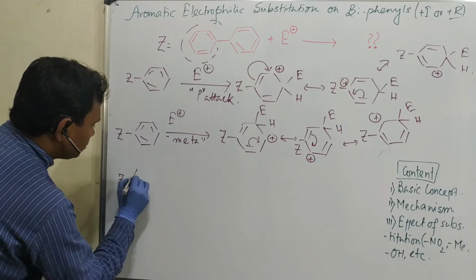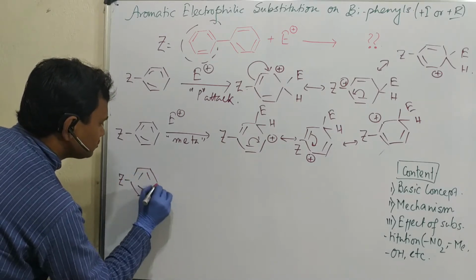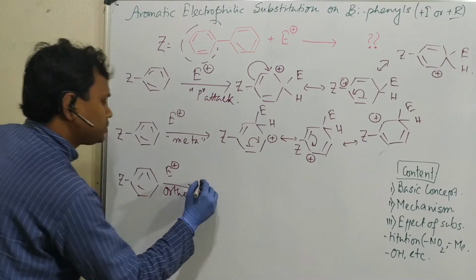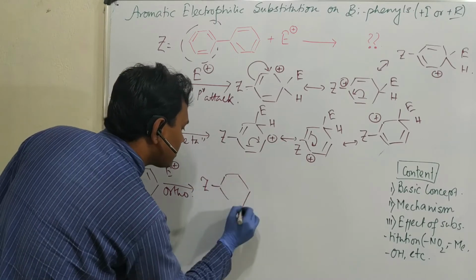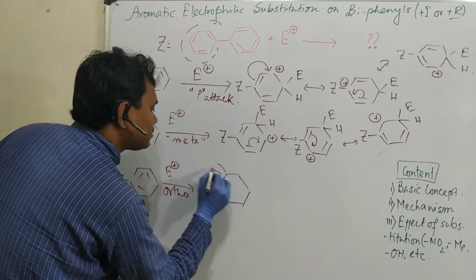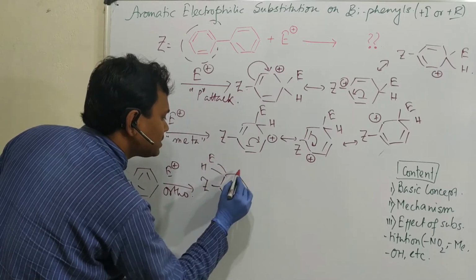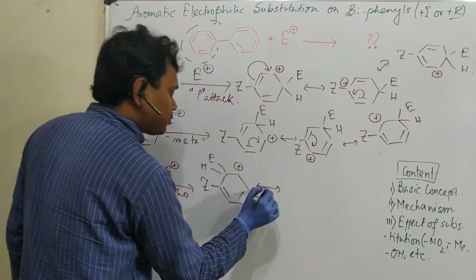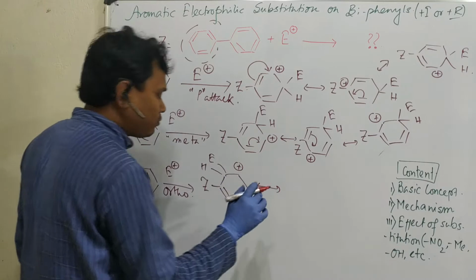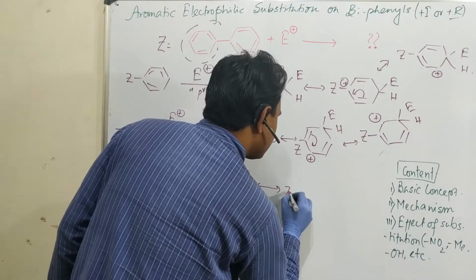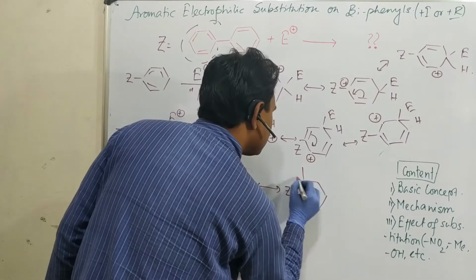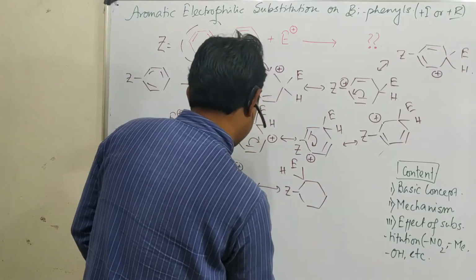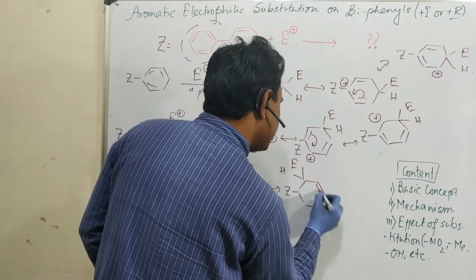E plus, ortho substitution. This is Z, this is H, this is E, so the plus charge is here. Both are possible; I am just showing one. You will have the plus charge here in one canonical form. Then it will come here, so the plus charge will come here.